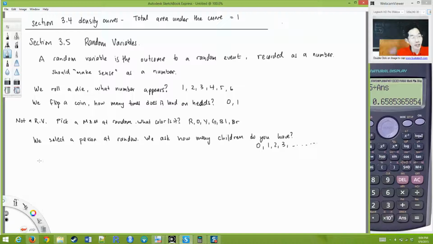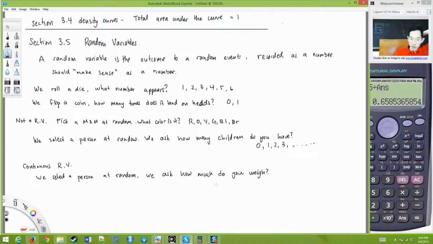We can also have continuous random variables. So these are all discrete, but we also have continuous random variables. But we will not study these in detail today. This could be we select a person at random and we ask, how much do you weigh? And that answer can take on any value, right?